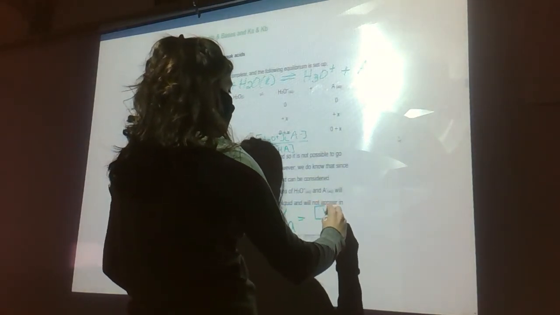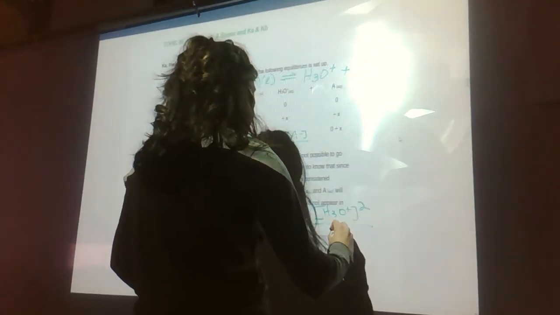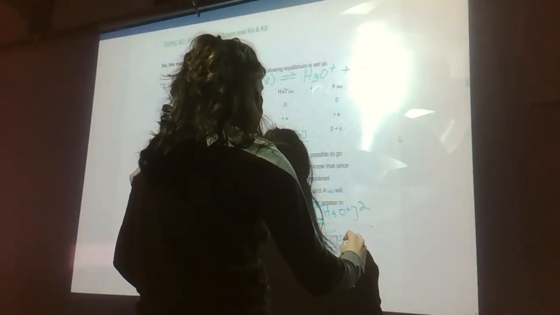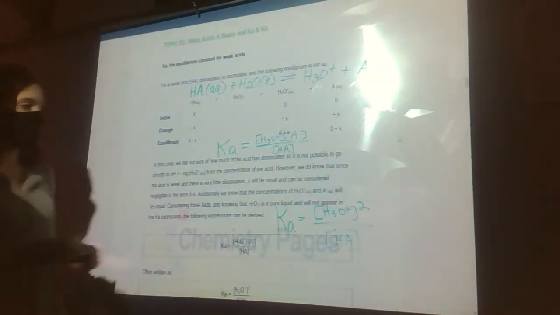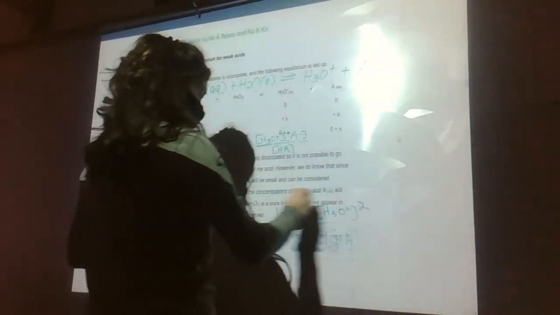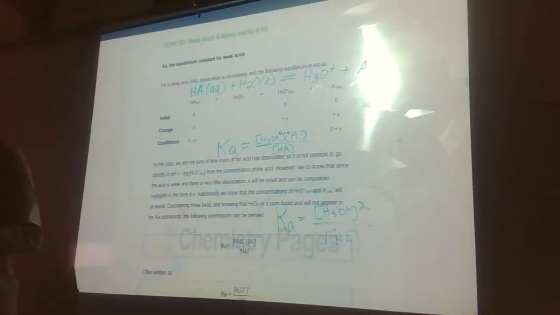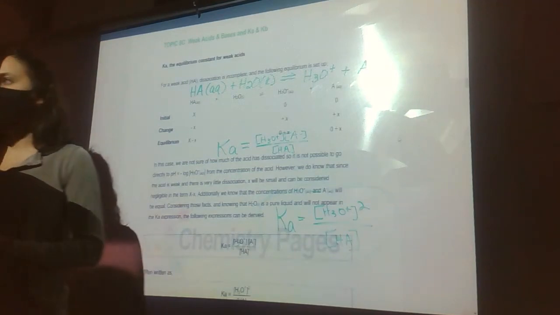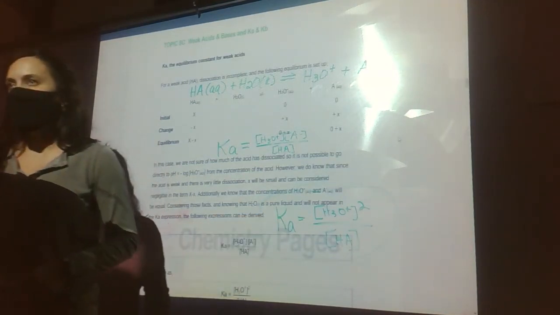You're going to see it like this: hydronium squared over the original acid concentration. This is the one that will be the most useful to you to solve for hydronium and find the pH, or the strength of the acid.